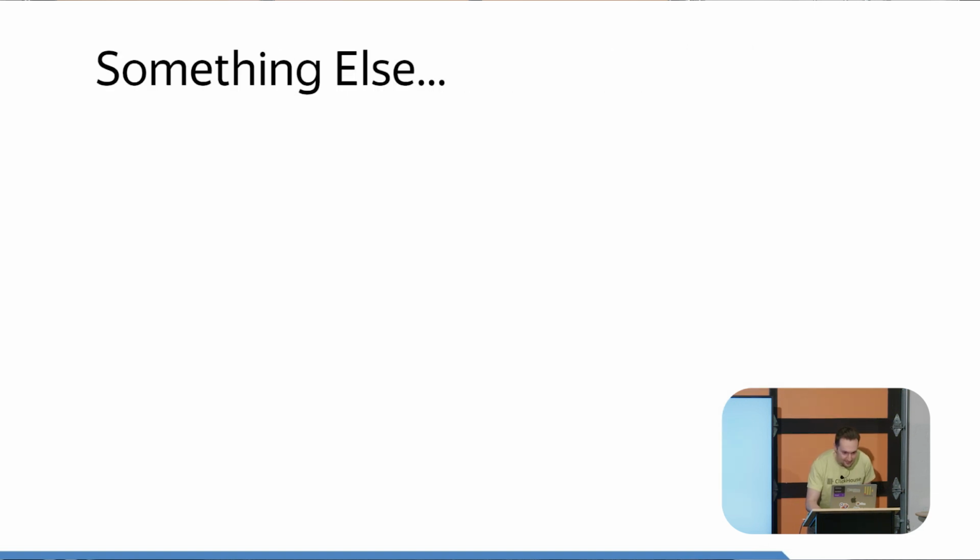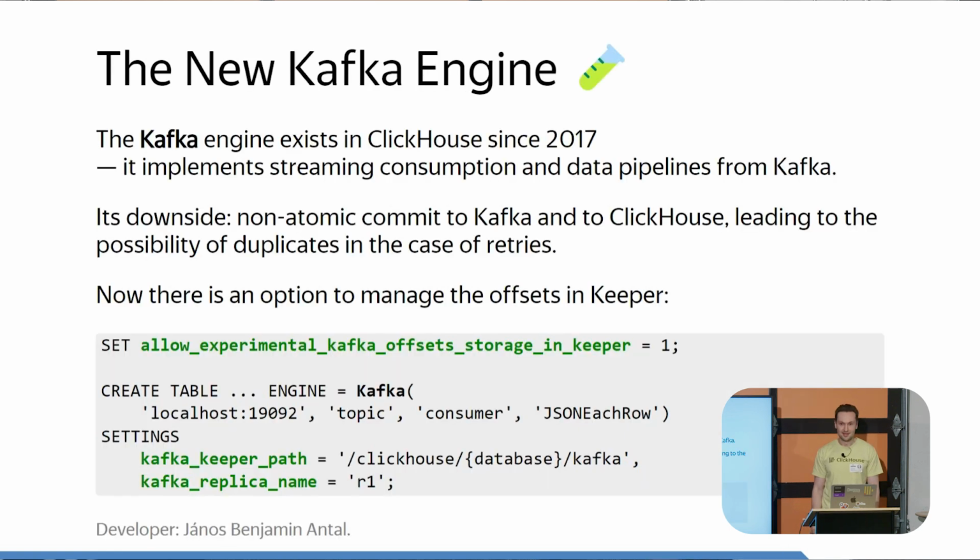Okay, what about something else? Less boring features. The new Kafka engine. There is a Kafka engine in ClickHouse, and guess who introduced the Kafka engine originally in 2016? Which company? Absolutely correct.